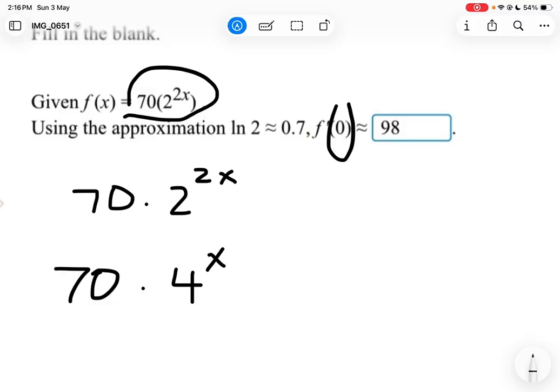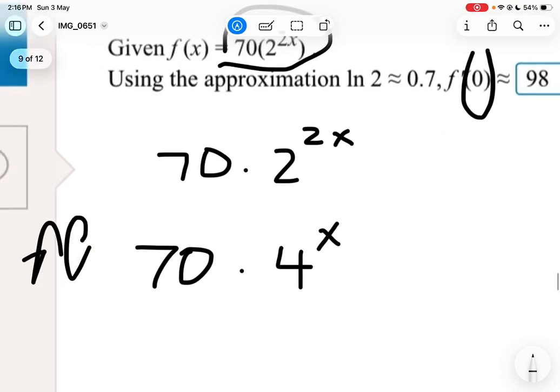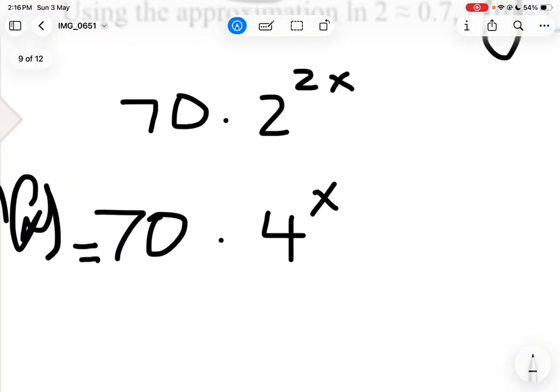And then after doing that, give me a second. Since now you have f of x is equal to 70 times 4 to the power of x, you can now do the derivative, okay?